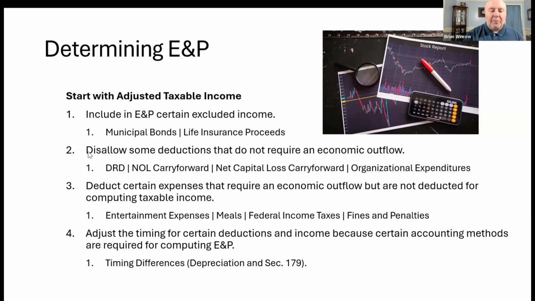So all of these in part two, none of those were expenses where we wrote the check. The money's still there. If the money's still there, then we need to add it back into our adjusted taxable income so that way we know we can actually pay this out. We can pay a dividend. We have that capacity to pay the dividend. So the first two, number one and number two, those are going to be things that we add back into our adjusted taxable income.